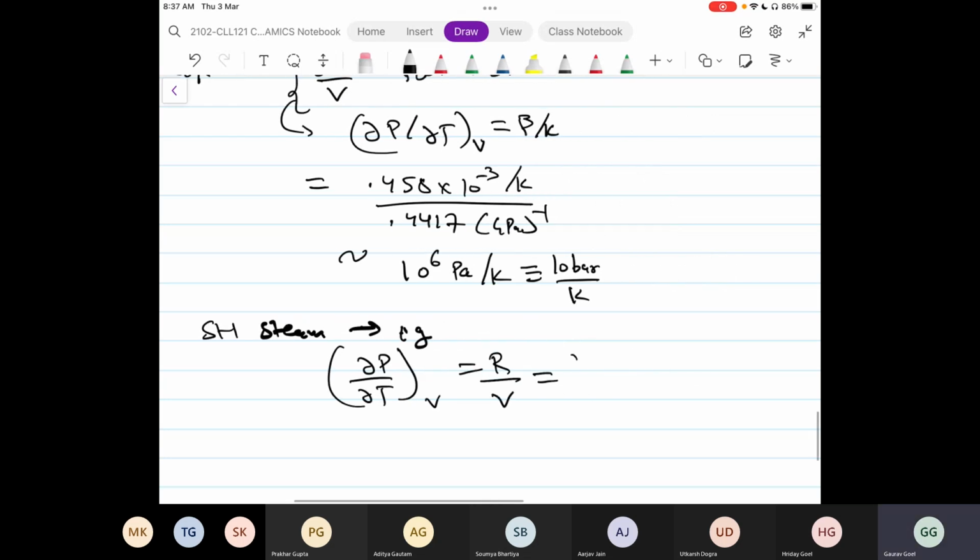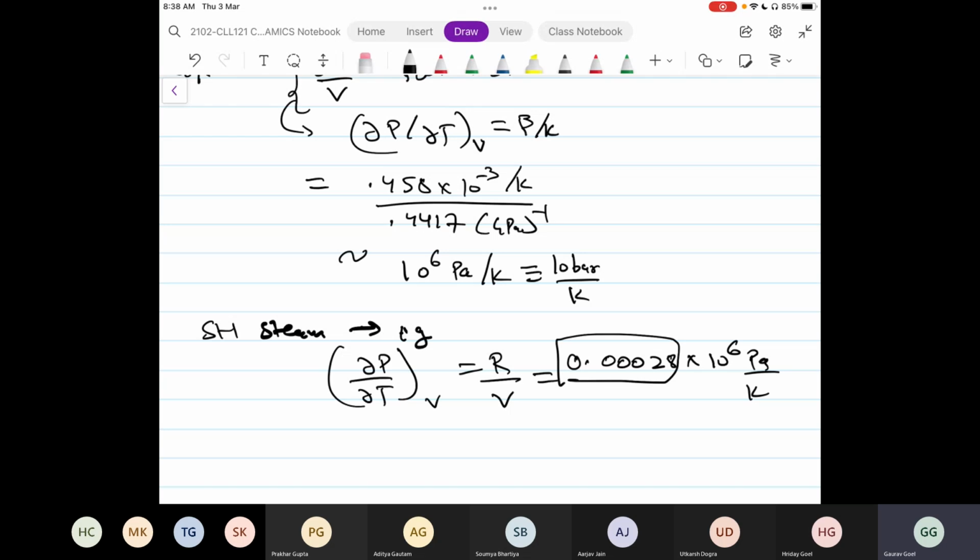And this comes out to be much, much smaller, the factor by which the pressure change would be lesser. Per Kelvin change, you would get almost 5,000 times lesser change in pressure. So instead of 10 bar, you would get 10 by 5,000. So much smaller change if you are storing gases.